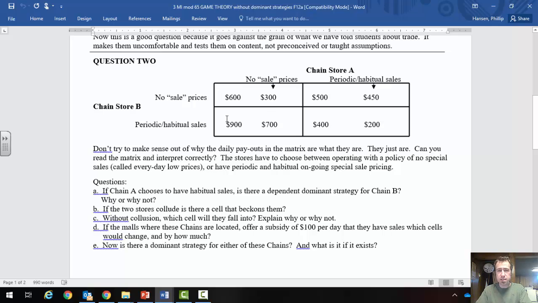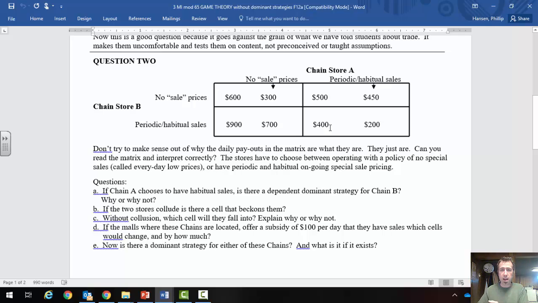So what that means is that chain store B has no dominant strategy, because in either case, if they chose no sale, $600 is worse than 900. But if chain store A chooses habitual sales, 500 is better than 400. So in a sense, again, there's no dominant strategy here for chain store B.